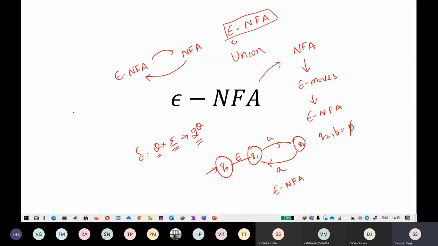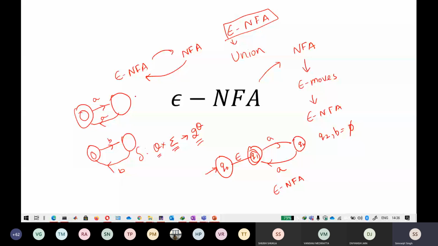Suppose this is an NFA in which the number of A's is even. In the same way, there is another NFA in which the number of B's is even. So what do I do if I want to combine these?